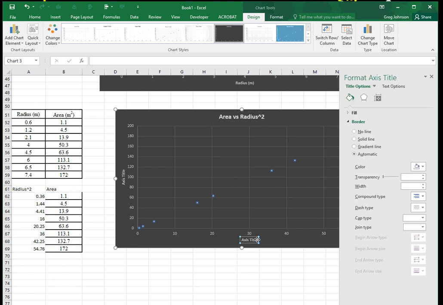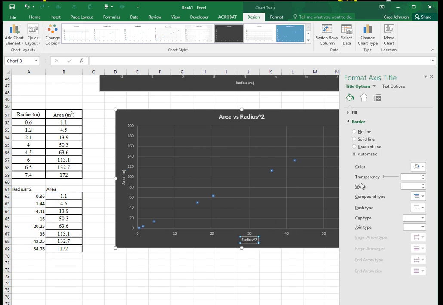If you have questions, I'll get to them in just a second here. Okay, on the bottom, we have radius squared, and on the side, we have area. Okay, this is in meters. This will now be in meters squared as well.